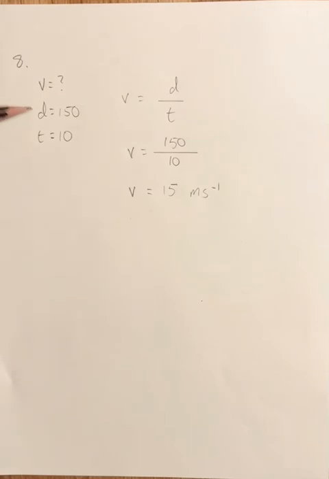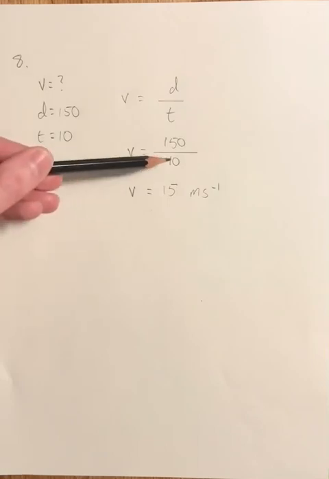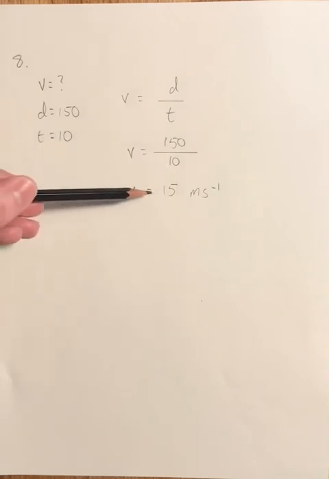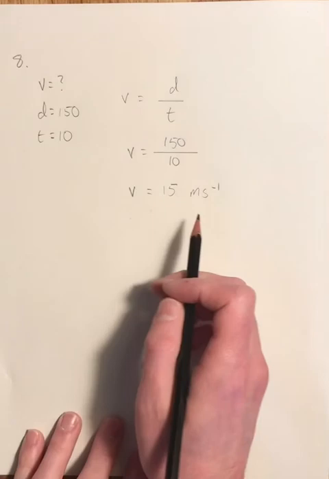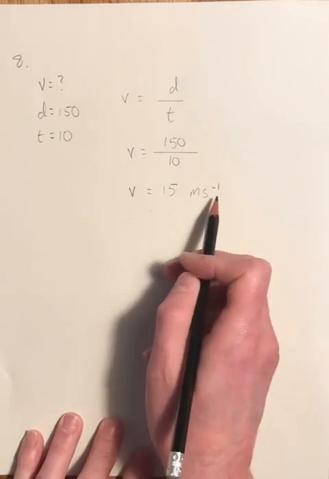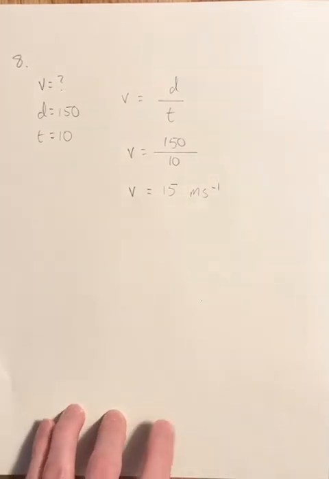In this case, the distance is 150 metres, covered in a time of 10 seconds. So the speed equals 150 divided by 10, and then the speed is 15 metres per second. And ms with a wee -1 above it is how we write metres per second.